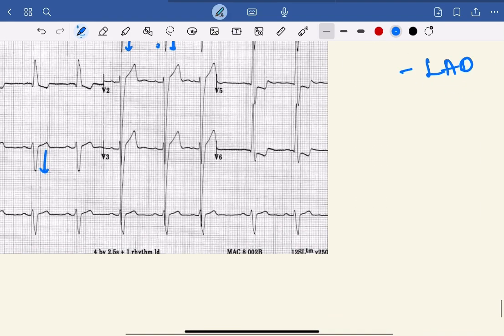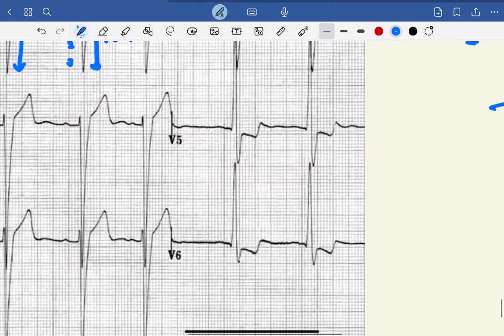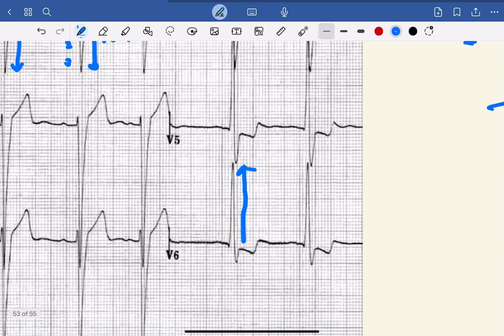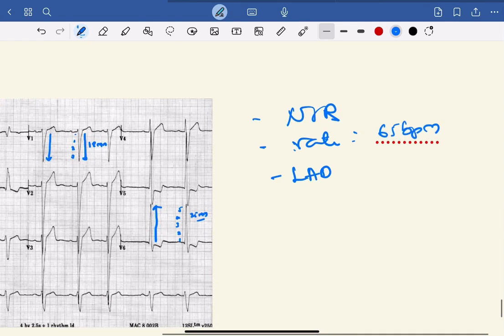And in V6 what happened? There is a tall R wave. See, tall R wave. So how much is the amplitude? 1, 2, 3, 4, 5 boxes. 5 boxes means 5 into 5, 25 mm. So what is the criteria for LVH?